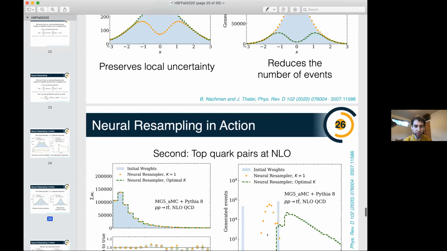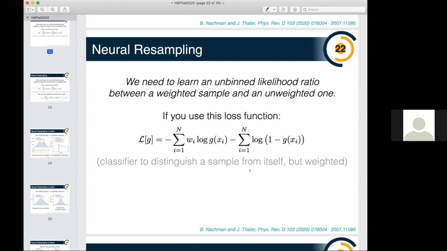I just wanted to go back to Stefano's second question about accuracy and whether there are secret accuracy issues here. At the end of the day, when you're doing this, your network accuracy is as good as your training. So you have to have trained this thing possibly with a huge sample if you want to reweight the full phase space, and then you apply it downstream.